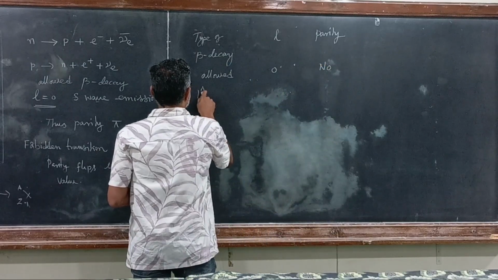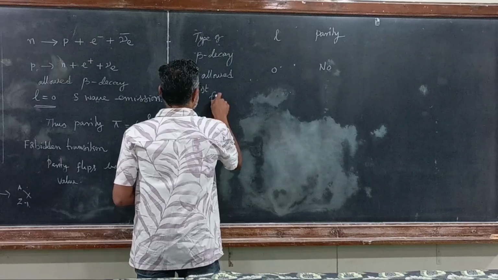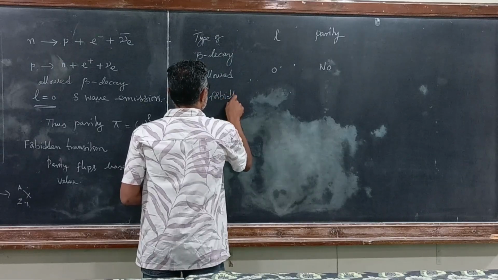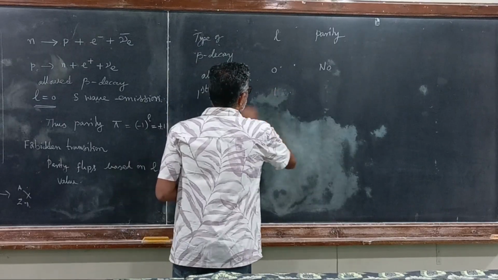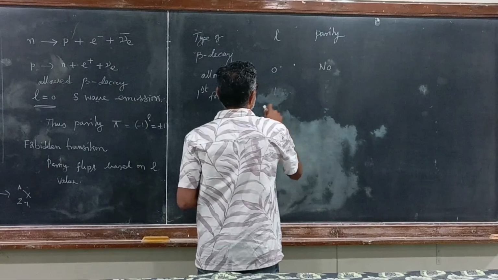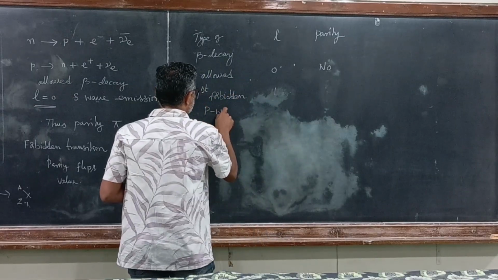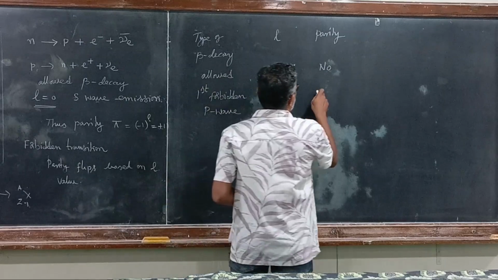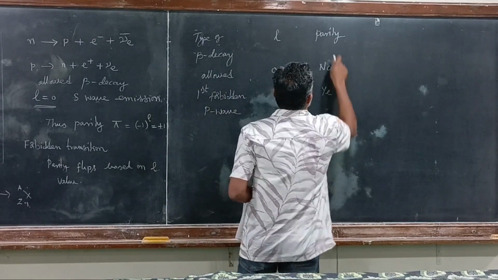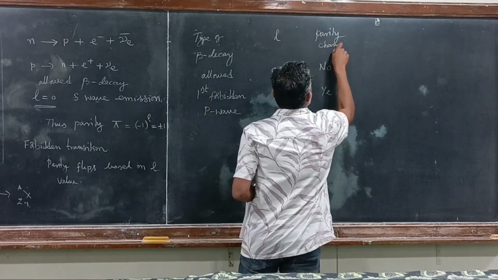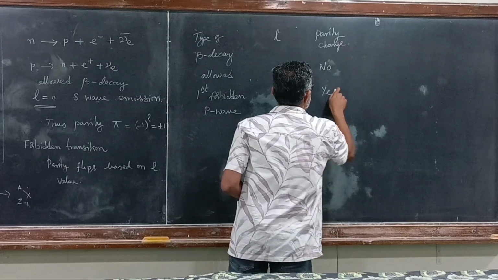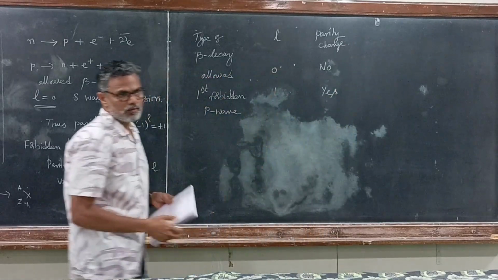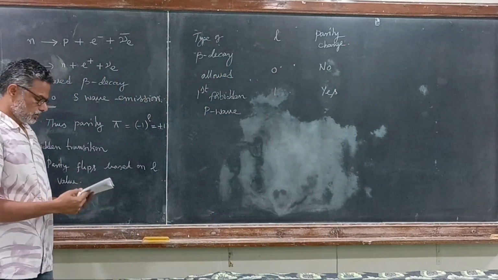Then first forbidden: the L value is 1. L equal to 1 stands for a P wave, the P orbital. Because L equals 1, parity changes, since it is minus 1 to the power L. So parity will change.